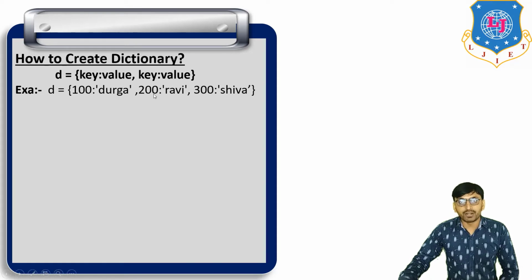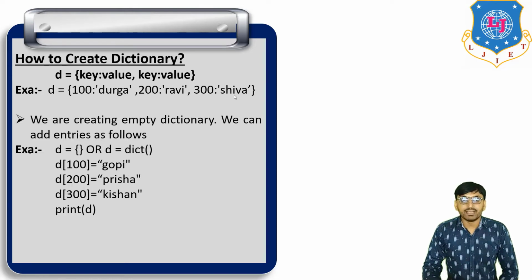Then the second key is 200 with the corresponding value Ravi. Then the third key is 300 with the corresponding value Shiva.